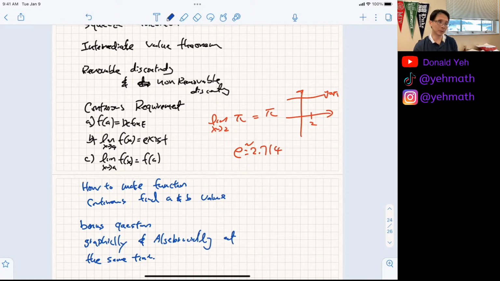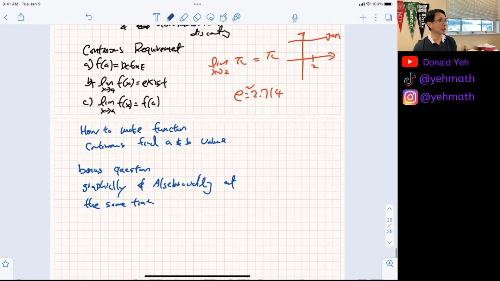I'll give you one of the questions on squeeze theorem. One question that is a little bit different is limit as x approaches infinity of 1 over x cosine of x. This one is equal to question mark.